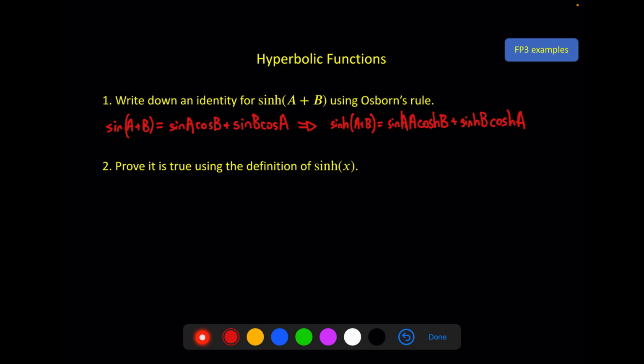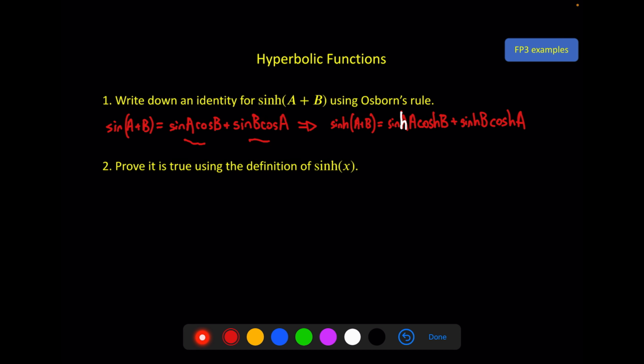Always double check that you have not got a product or implied product of two sine terms. So here we've got a sine times a cos and a sine times a cos, so that's fine. There's no sine times sine, so I didn't need to replace anything with a negative. So this just transforms directly.